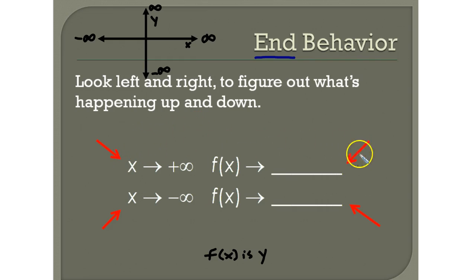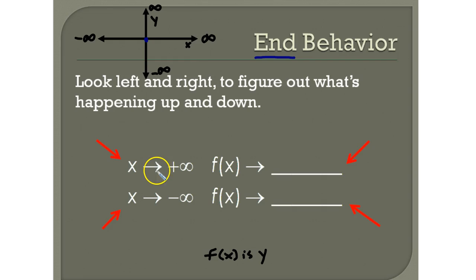You have to get used to writing end behavior in this manner. This is the Mathenese way to say: as x approaches positive infinity, f of x approaches something; as x approaches negative infinity, f of x approaches something. If you look at the coordinate plane, x approaching positive infinity is on the right.